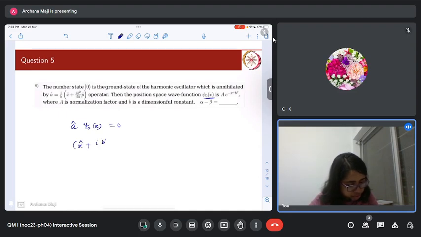plus i b square over 2 h cross p, psi 0 of x equal to 0. But I can write it in position basis. p is minus i h cross del del x.